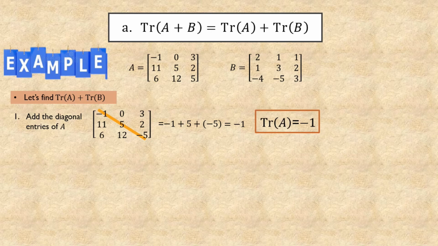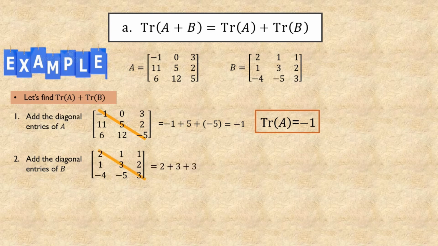So the trace of A is equal to negative 1. Next, add the diagonal entries of B. So the diagonal entries of matrix B are 2, 3, 3, which is equal to 2 plus 3 plus 3, which is equal to 8. So the trace of B is equal to 8.